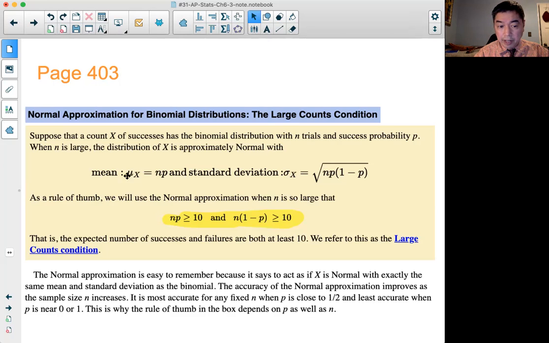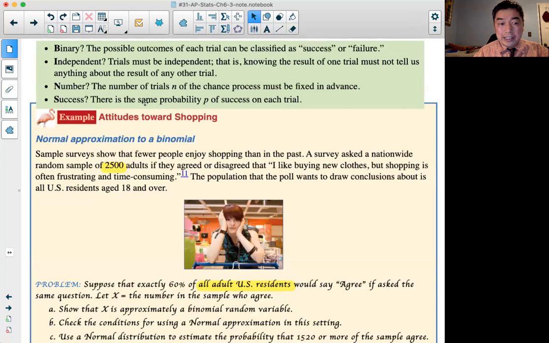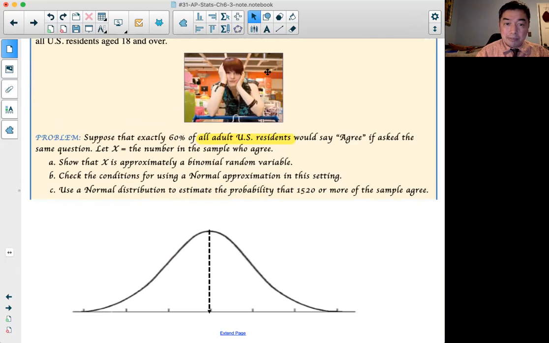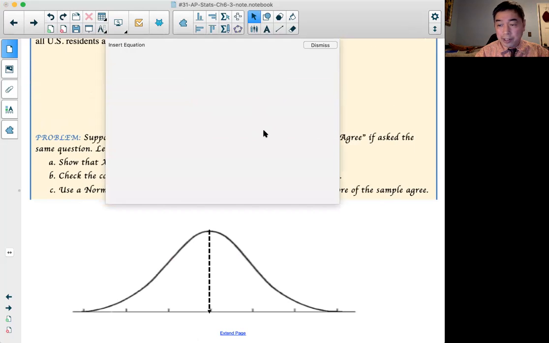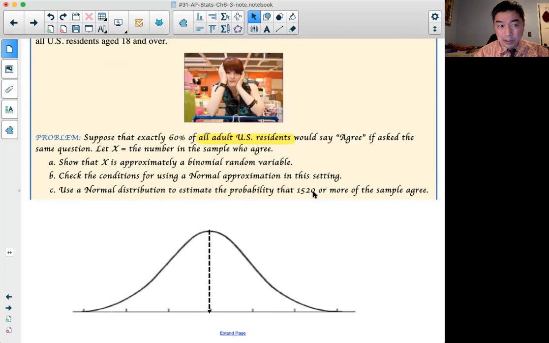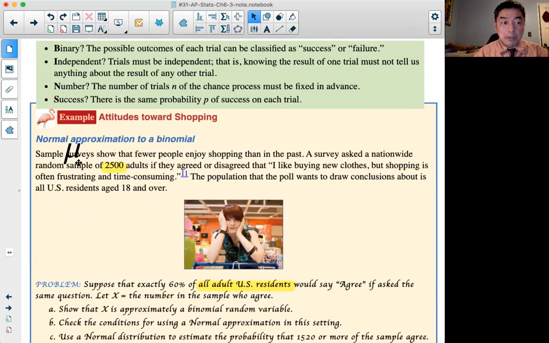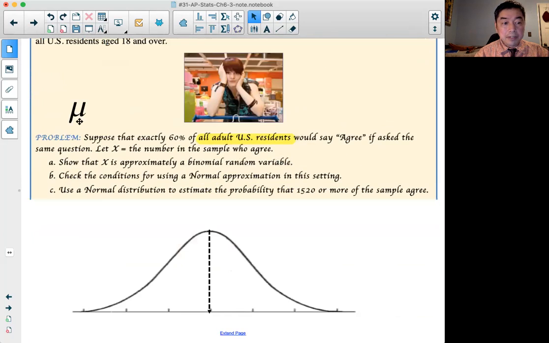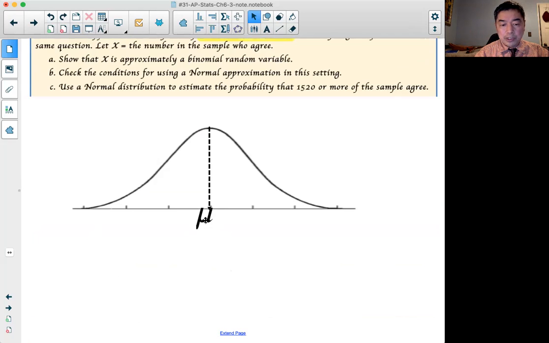They didn't define it, so I use mu for this one because it's an approximation to normal. So we treat it like a population, not so much a sample. That's why I can use mu. Okay. Now, we cheated, I looked at the 1,500. So let's see if mu is 1,500. How do you get the mu?